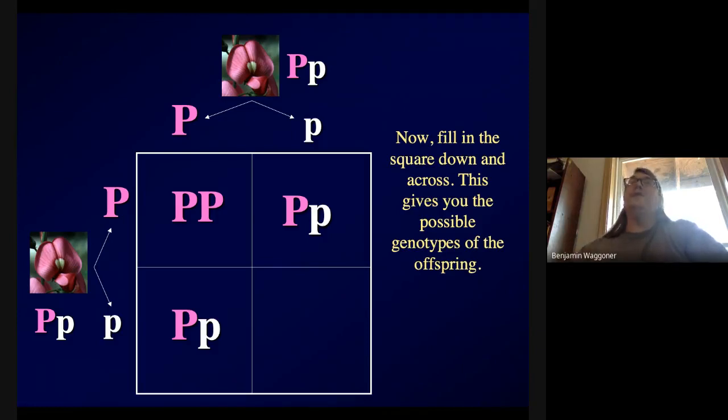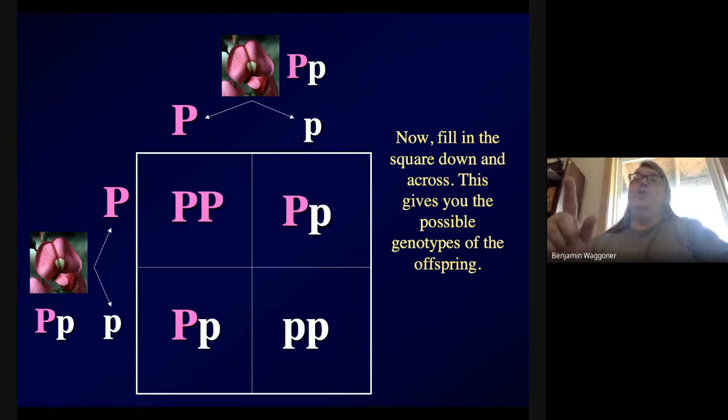Remember, phenotype is some trait or characteristic that we're looking for. And then 1/4 of the offspring, right?